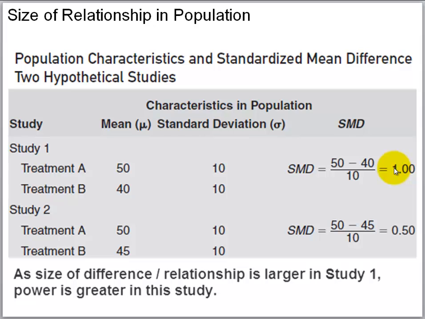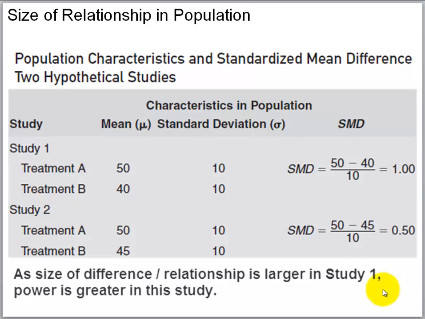So we've got a larger difference in study 1's population than in study 2's population. Using our terminology from chapter 9, we characterize the difference of half a standard deviation as a medium-sized difference, and a difference of 1 standard deviation is clearly categorized as a large or almost very large difference.